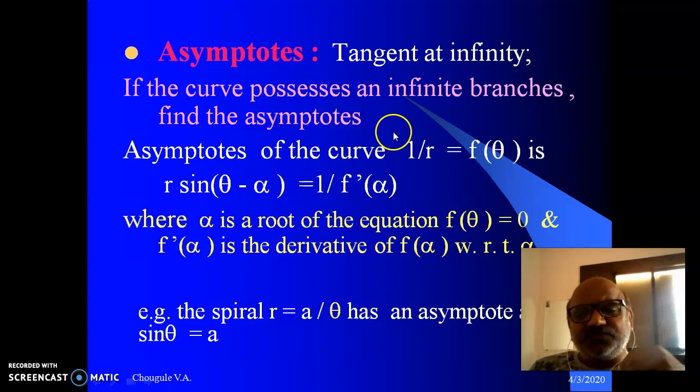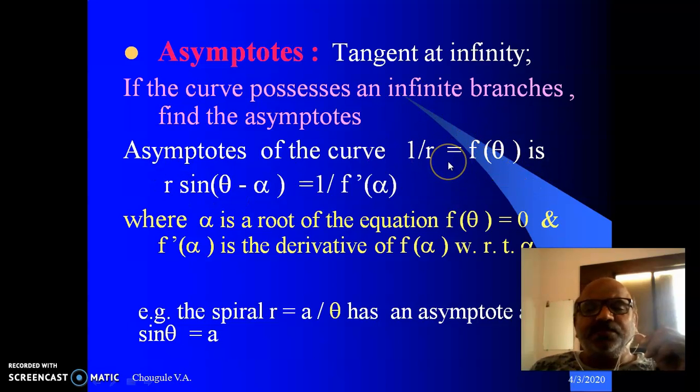If it is possible to write the equation in the form 1 by r equal to f of theta, then the asymptote of the curve is given by this formula: r sine of theta minus alpha equal to 1 by f dash of alpha, where alpha is a root of the equation f of theta equal to 0, and f dash alpha is the derivative of f with respect to theta at alpha. If the equation is written in the form 1 by r equal to f of theta, then and only then is it possible to find the asymptote.